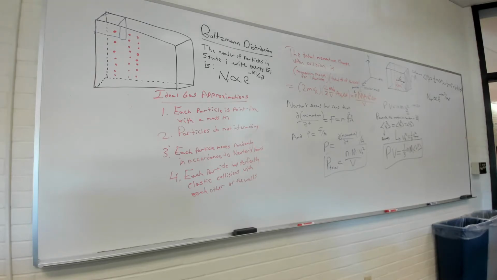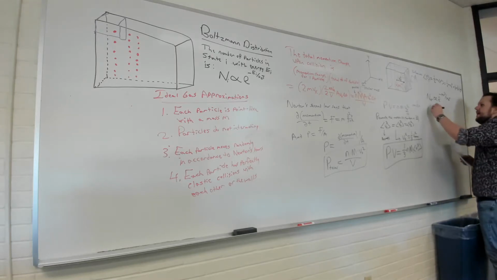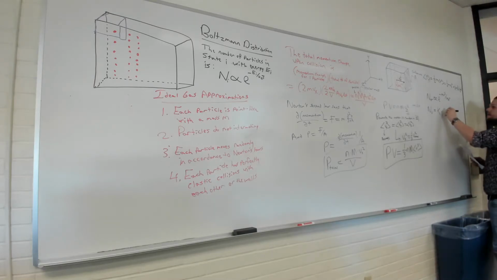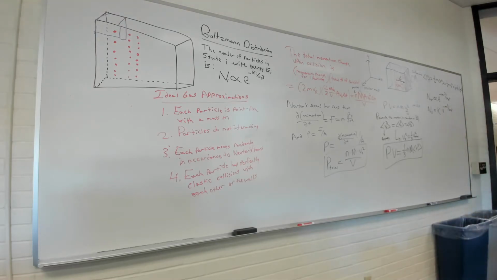And in order to calculate an average, we need to know a precise formula for the probability. So what we can say then is that n sub v is equal to some constant K, which we haven't determined yet, times e to the minus mv squared over 2 kBT. Problem is we don't know how to determine K.